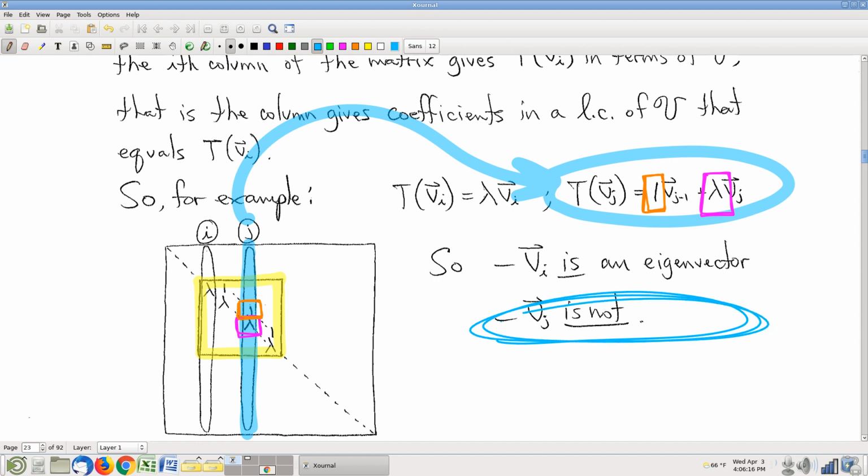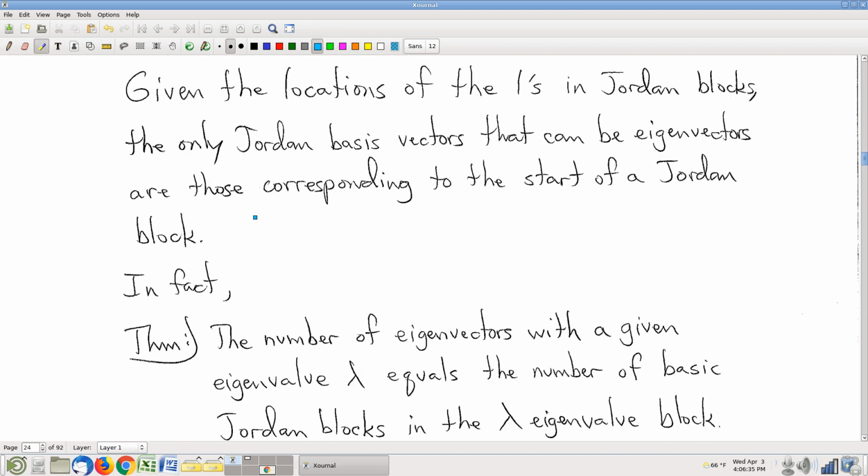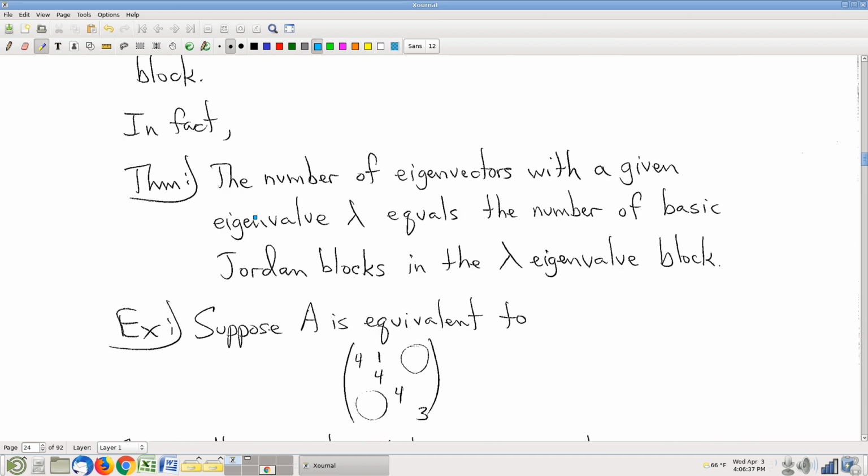This breakdown always works. The basis vectors corresponding to the first column of a Jordan block are eigenvectors. The basis vectors corresponding to all the other columns are not eigenvectors. All right. So, nice conclusion is then, for every Jordan block, there's exactly one corresponding eigenvector.